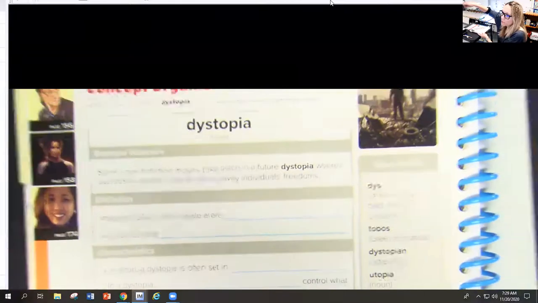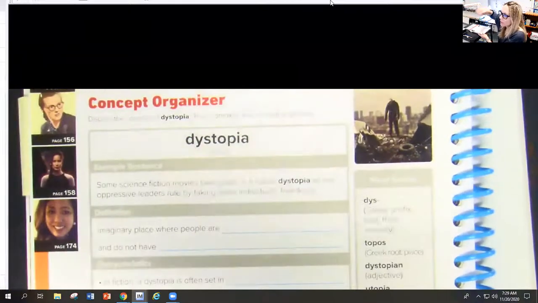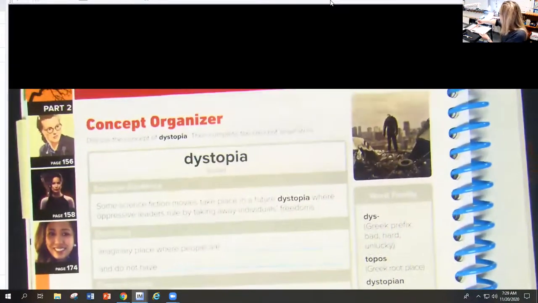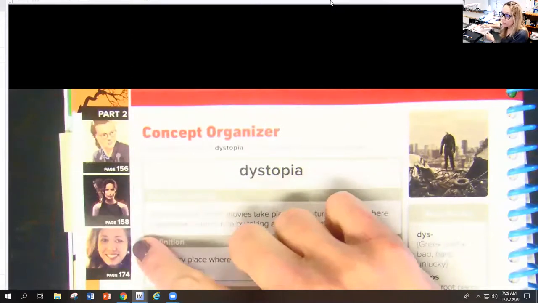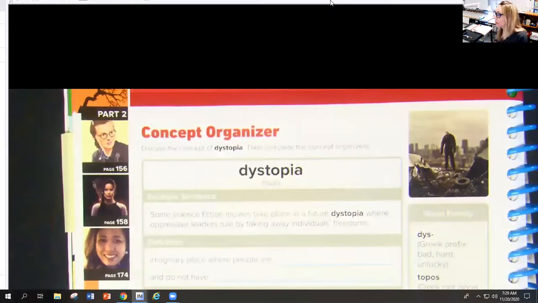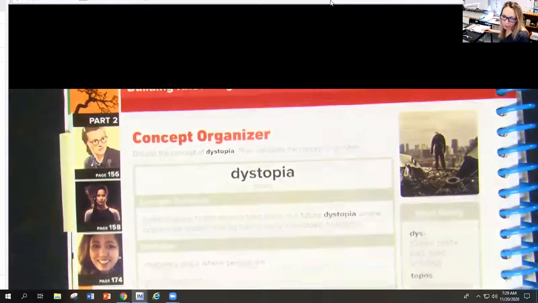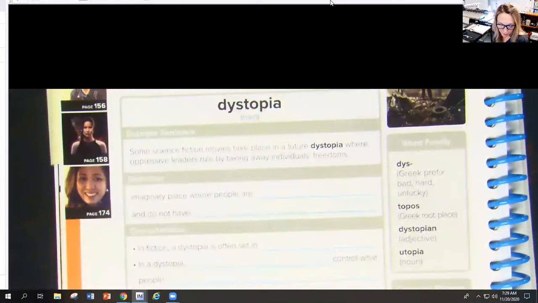This is page 154, so let's take a look at that. Now it also goes over part 2. It gives you a little picture of each of the 3 texts that you'll be encountering in the second part of this one. This is where we're going to dive deeper into dystopia, this side. Okay, so make sure that you're pronouncing dystopia correctly.